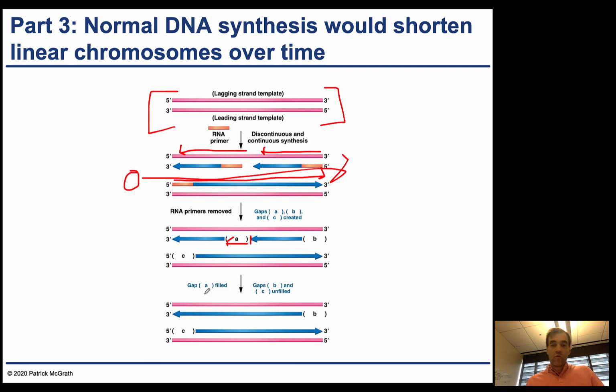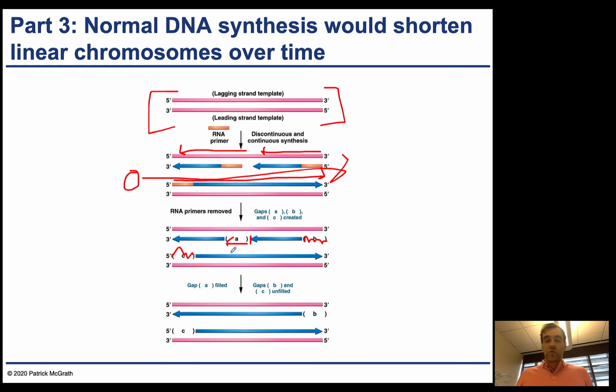The problem with the ends of the chromosomes is that once you remove that RNA primer, there's not actually something to start polymerization from. And so you're going to have this gap right here and this gap right here in both of the newly synthesized strands.